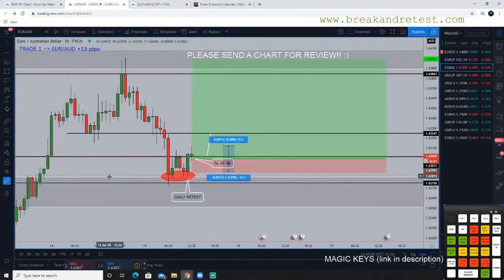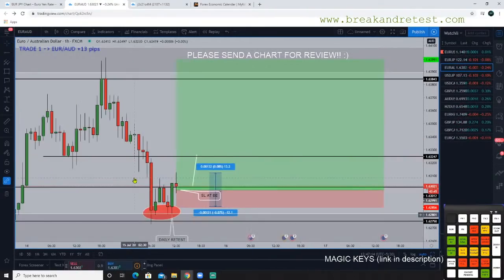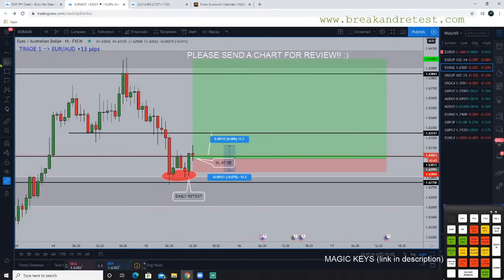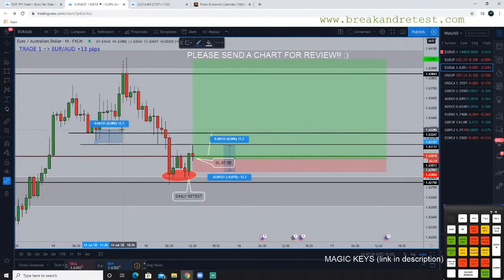See how EA got rejected? See how it got rejected? This is the reason why I closed some of my positions at 13 pips. This is the reason, because we had these wicks, and look, when these wicks touch the zone, look at the move every time.